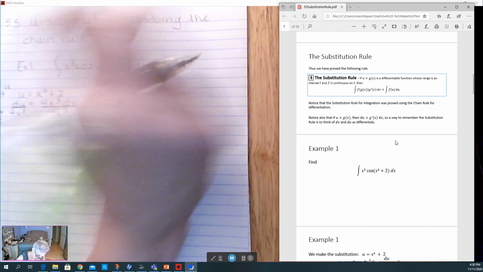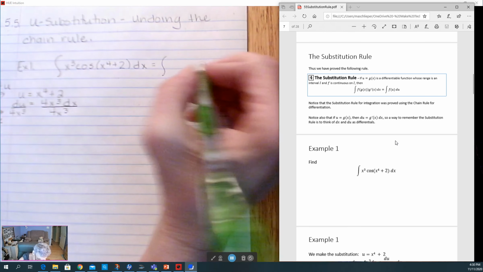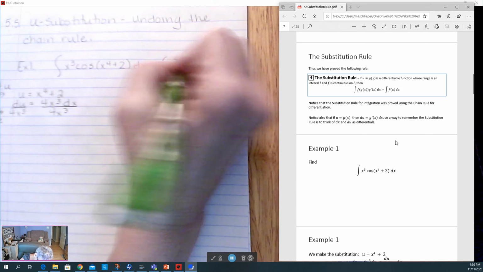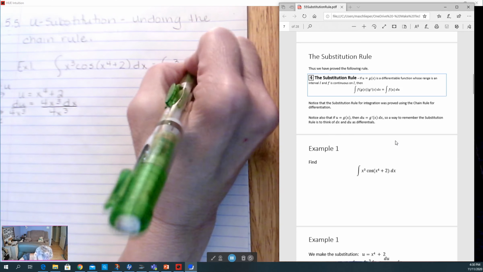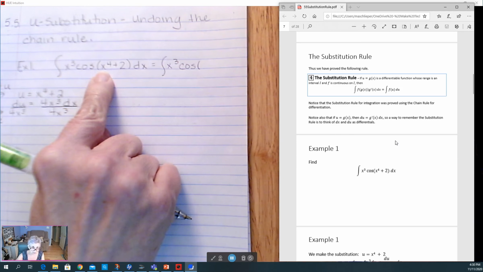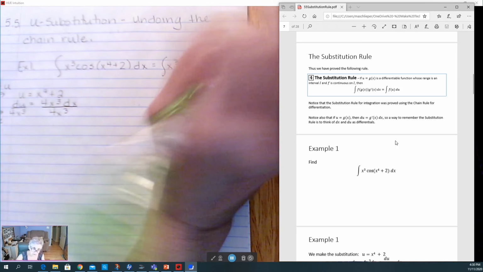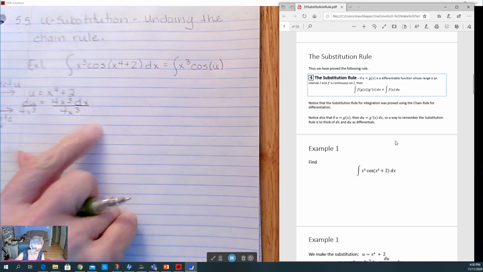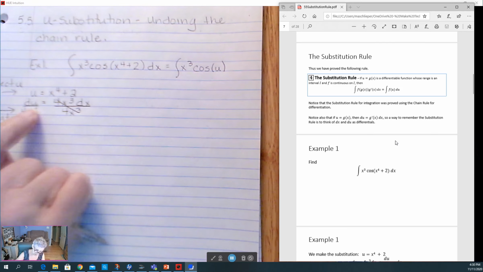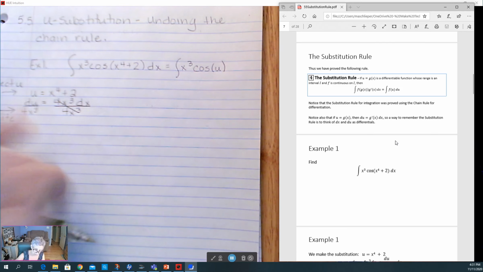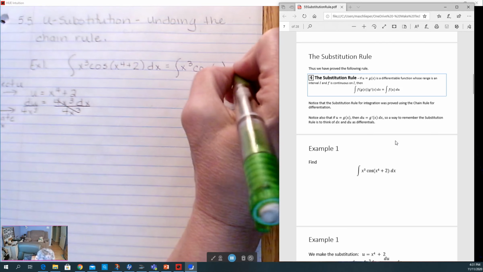Step number 3 is to go back and substitute. So x cubed is still there. Cosine, instead of x to the 4th plus 2, I'm going to write u. And instead of dx, I'm going to write du over 4x cubed.